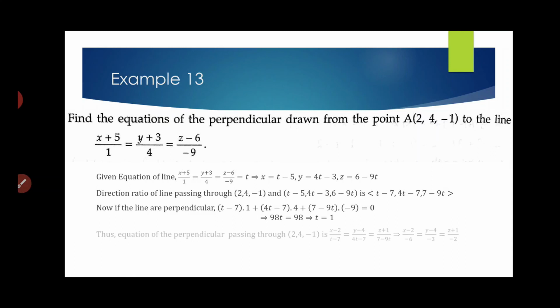So the direction ratio of the perpendicular line is minus 6, 4 minus 7 that is minus 3, and 7 minus 9, that is minus 2. So that is (x minus 2) by minus 6, (y minus 4) by minus 3, and (z plus 1) by minus 2, as it is passing through the point 2, 4, minus 1. So this is your required equation of the perpendicular.